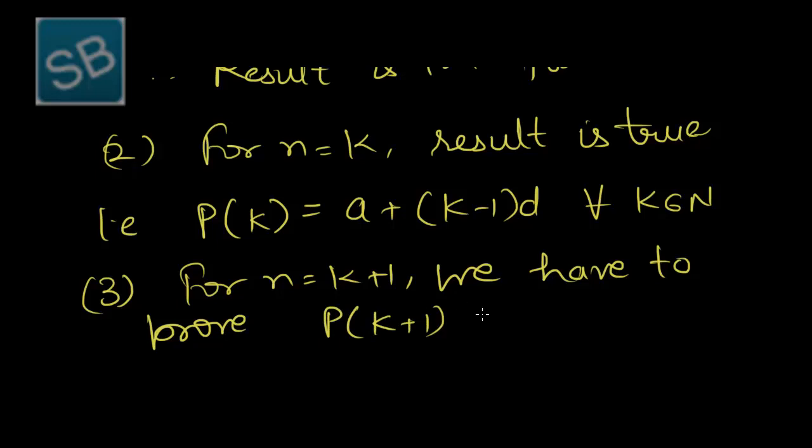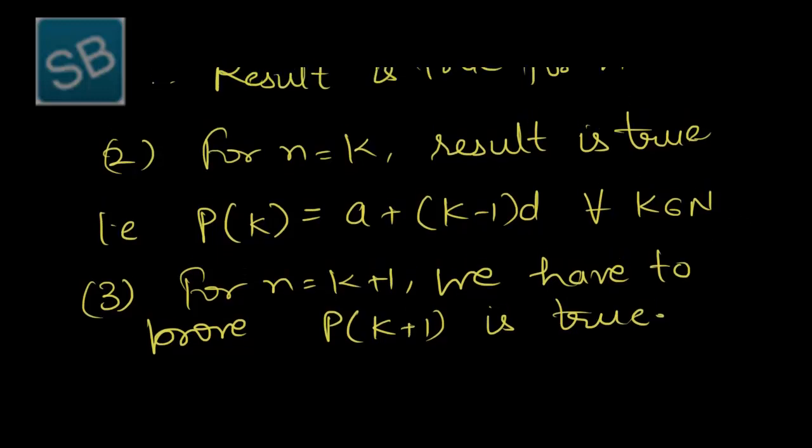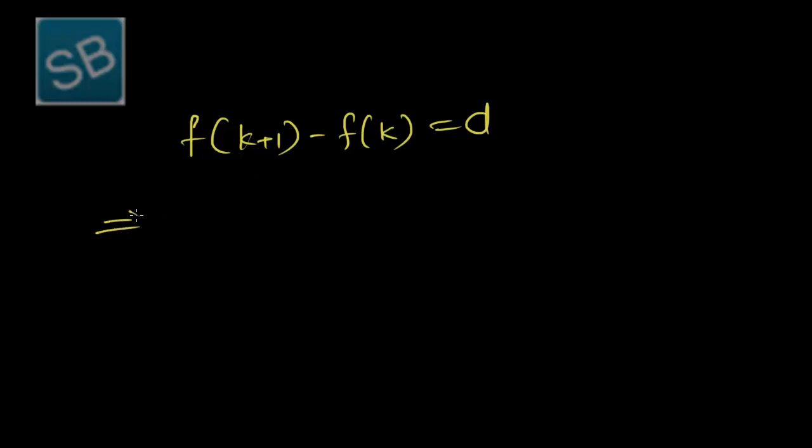P of k plus 1 is true. Now for this, f of k plus 1 minus f of k is equal to d, that is the difference of two consecutive terms of an AP. That is, we get f of k plus 1 is equal to f of k plus d.